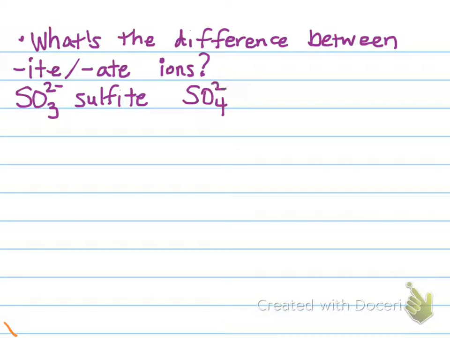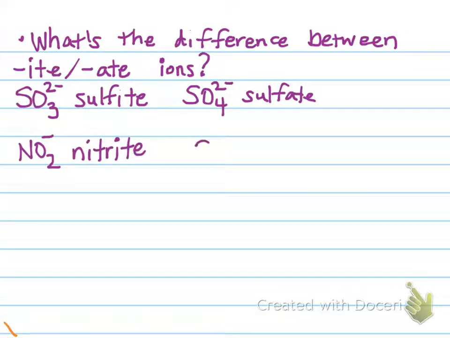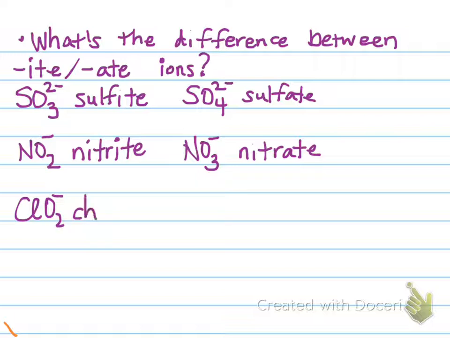SO4, -2, is sulfate. NO2, -1, is nitrite. NO3, -1, is nitrate. ClO2 negative is chlorite. ClO3 negative is chlorate.